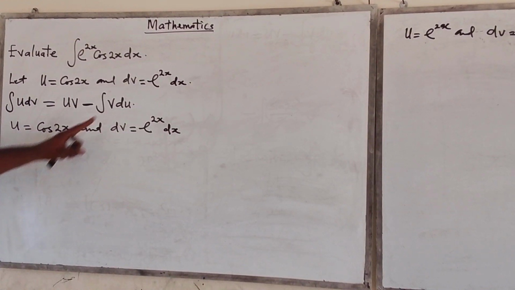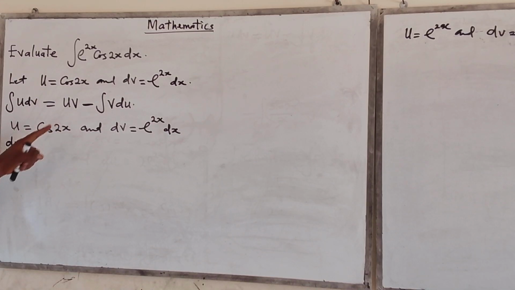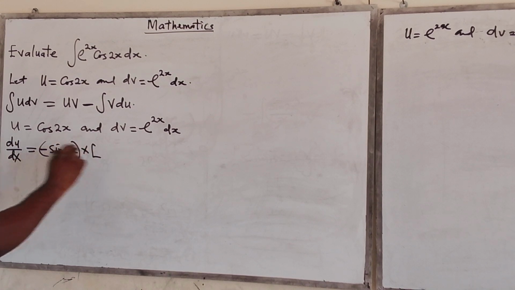Now, let's get the value of du. If u is equal to cos 2x, it means du over dx will be equal to, when you differentiate this, remember in our class on differentiation, we said when you have a function like this, you differentiate the whole of this, and that will give you minus sine 2x, then you multiply it by the derivative of the function.